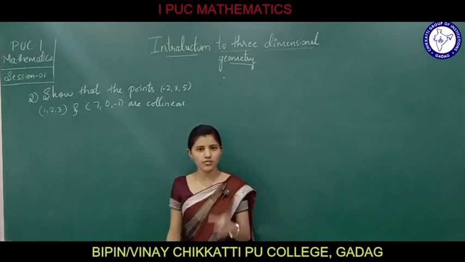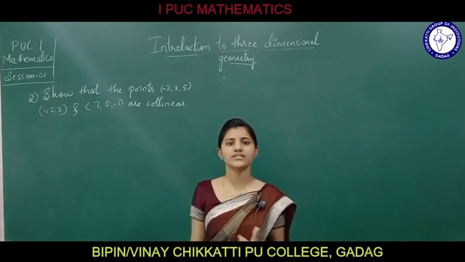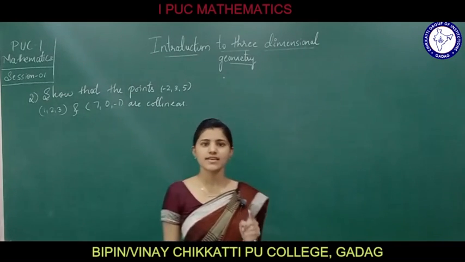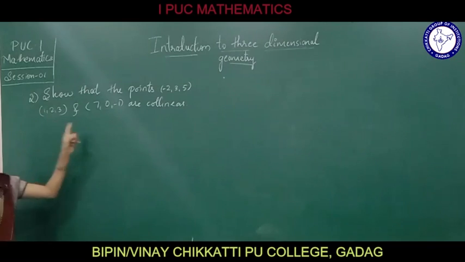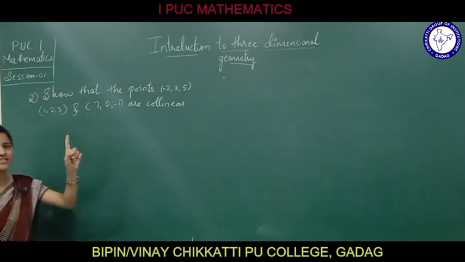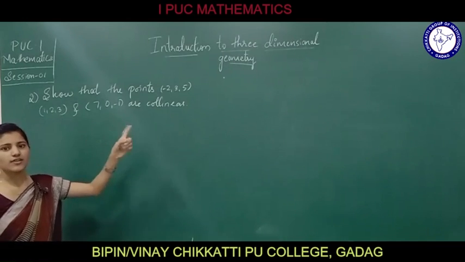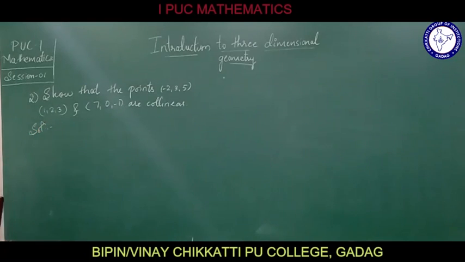What is the meaning of collinear? It means that all these 3 points should lie on the same line. We have to show that this set of points lies on the same line. How are we going to find the solution?